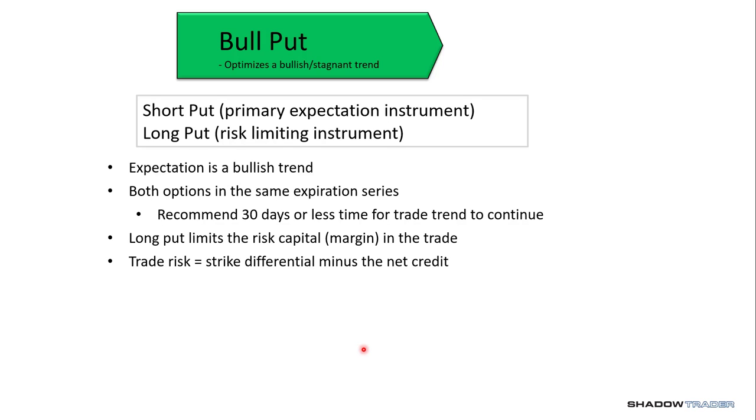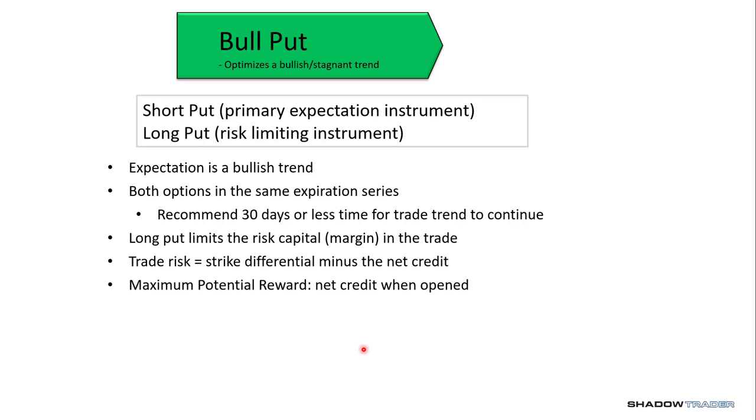Now, the credit that you receive from this trade is going to offset some of that trade risk. So let's go back to the example. You sell a 100 put, you buy a 95 put, and for that transaction, you pick up $1. Well, you've got a $5 difference in the spread, and then you subtract that $1 of credit that you received up front. Therefore, your trade risk would be $4.